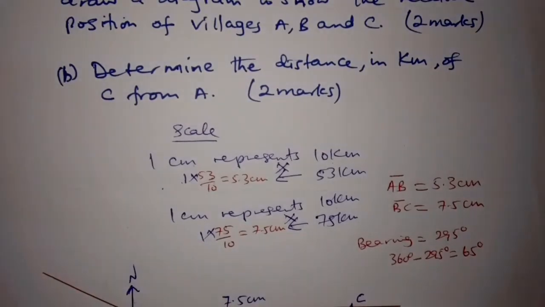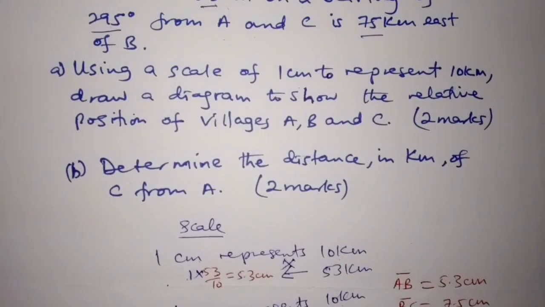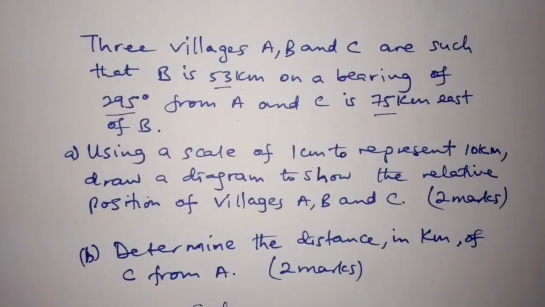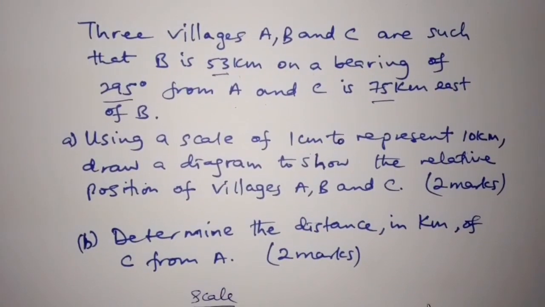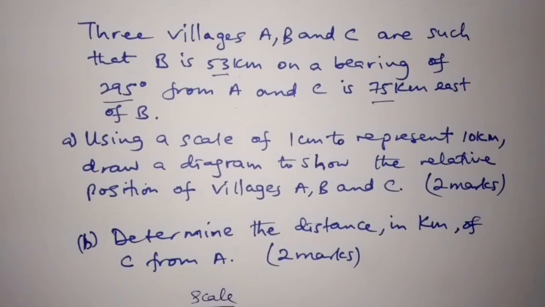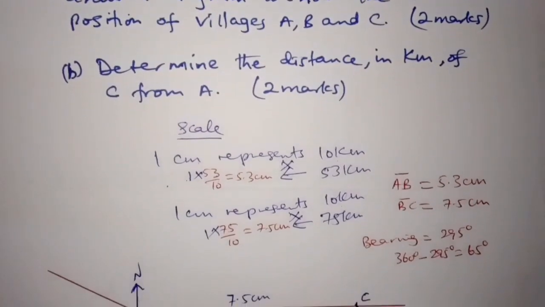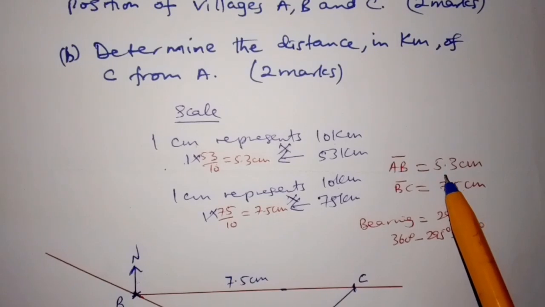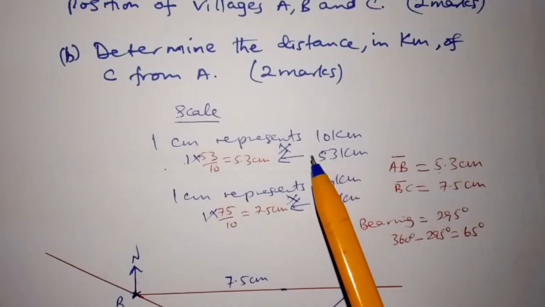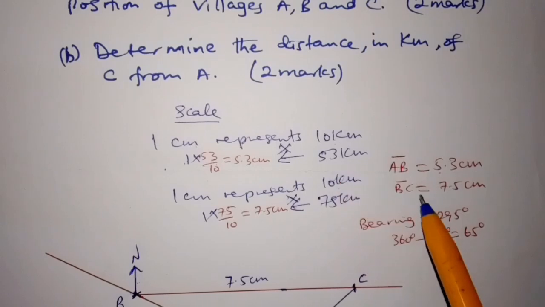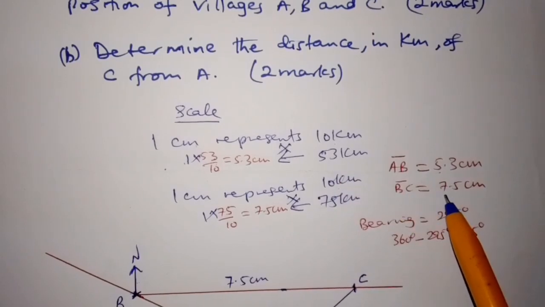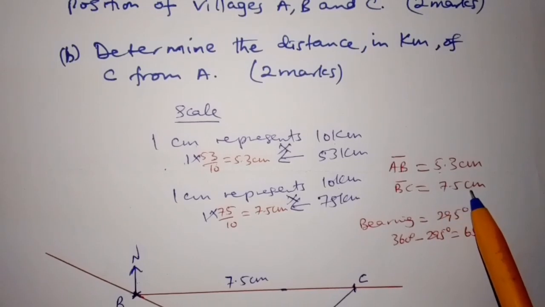So now we know that the distance from A to B, 53 kilometers, we have converted to 5.3 centimeters using the scale we have been given, and the distance from B to C is 7.5 centimeters, representing 75 kilometers.